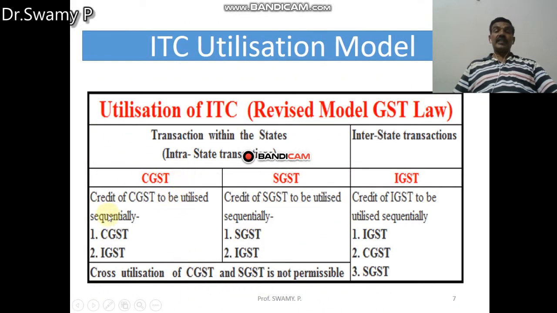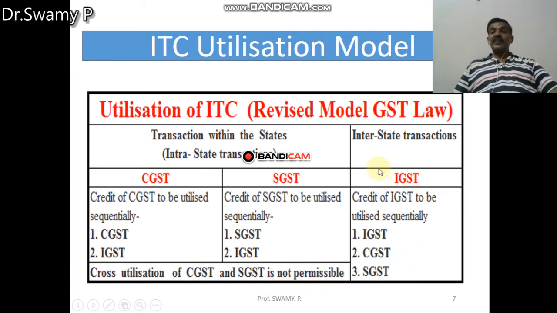See, the credit of CGST has to be utilized sequentially, that means CGST first and then IGST. This is called a transaction within the state, an intrastate transaction. SGST can be adjusted first against SGST and then IGST. And cross utilization of CGST and SGST is not permissible.